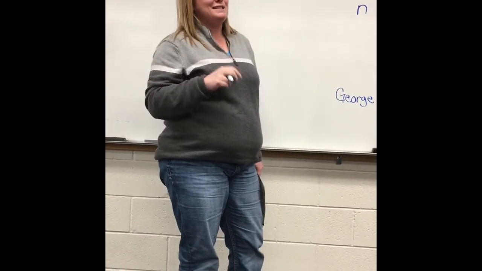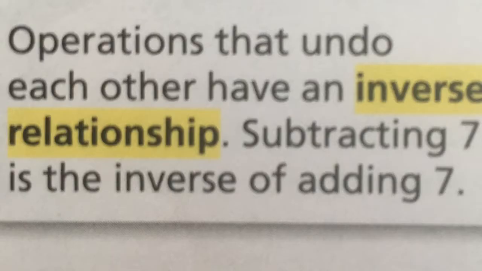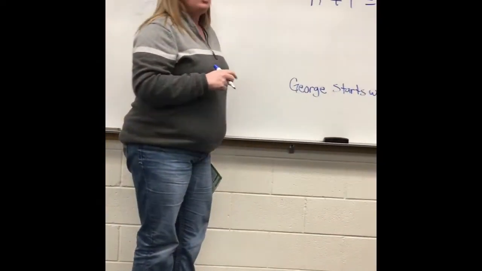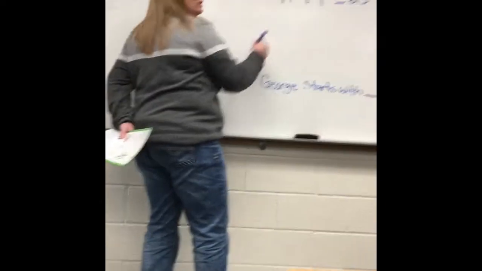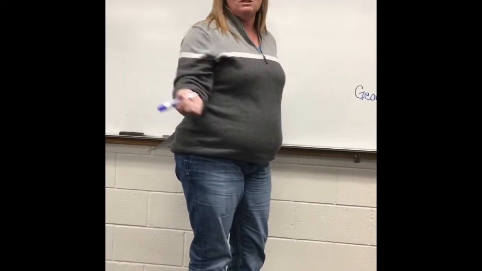Inverse relationship. Operations that undo each other have an inverse relationship. Subtracting 7 is the inverse of adding 7. We know because of our property of equality, if we do something to one side, we need to do something to the other side.